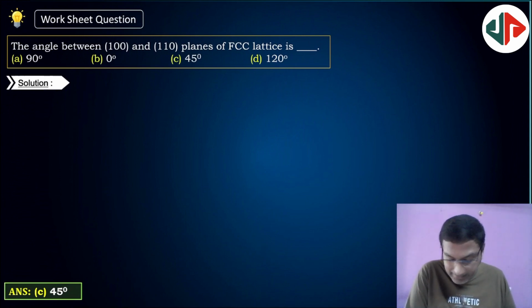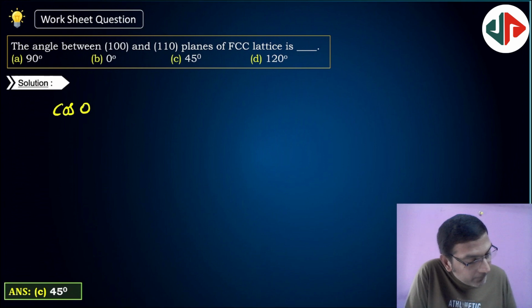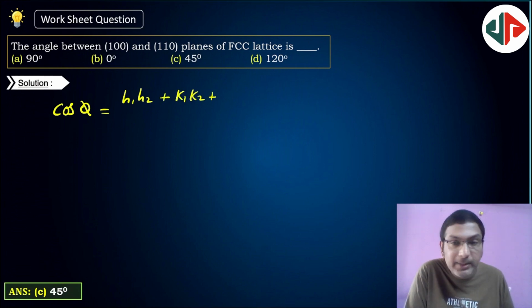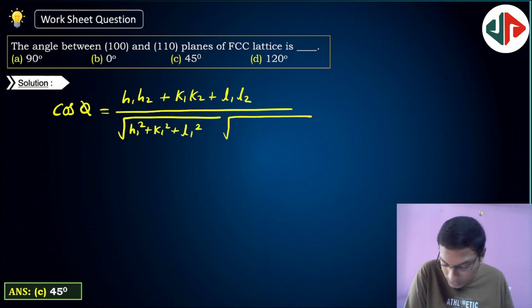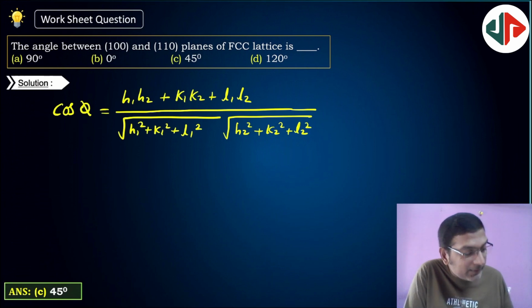So the angle is given by cos phi equal to h1 h2 plus k1 k2 plus l1 l2 divided by root of h1 square plus k1 square plus l1 square into root of h2 square plus k2 square plus l2 square.